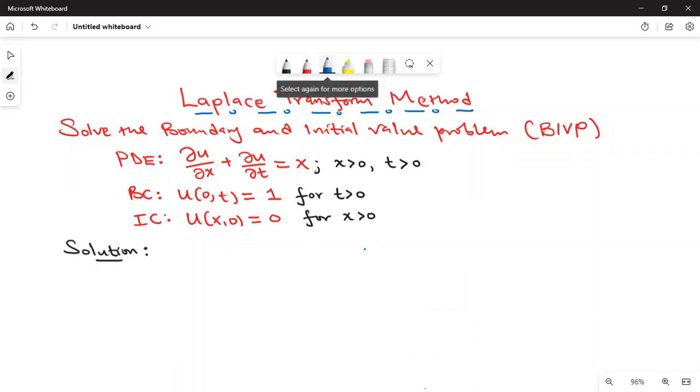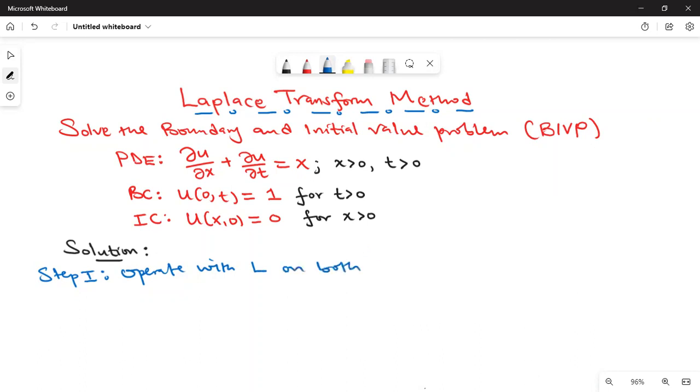The first step, step 1, you operate with L, where L is the Laplace transform operator, on both sides of the PDE.